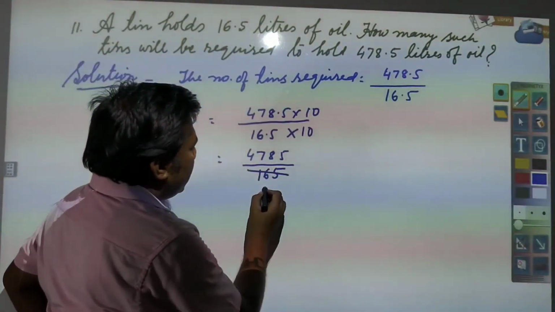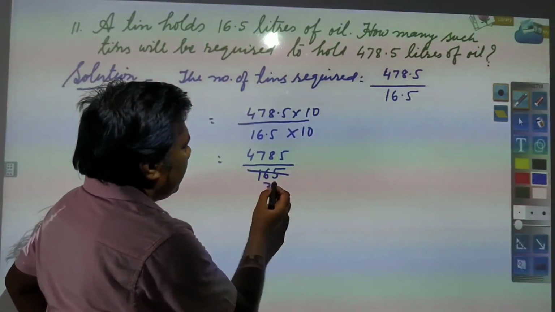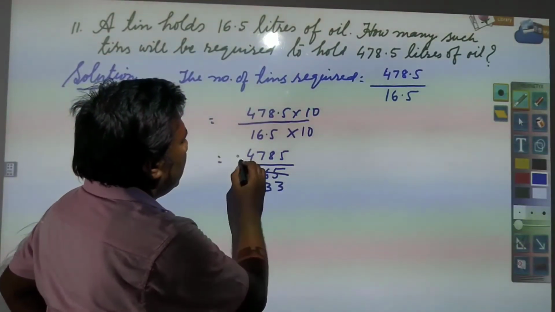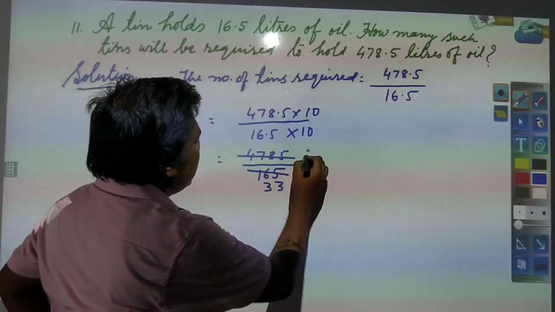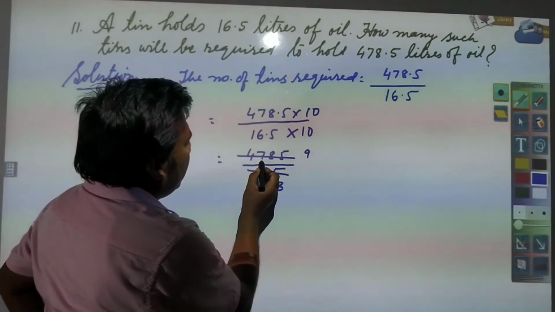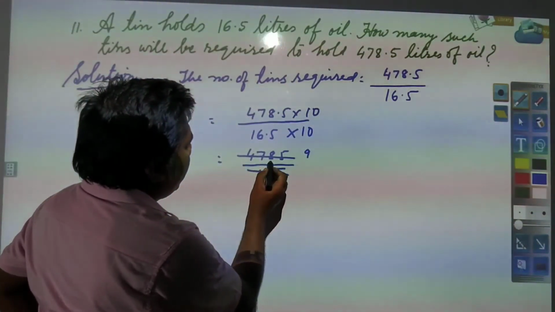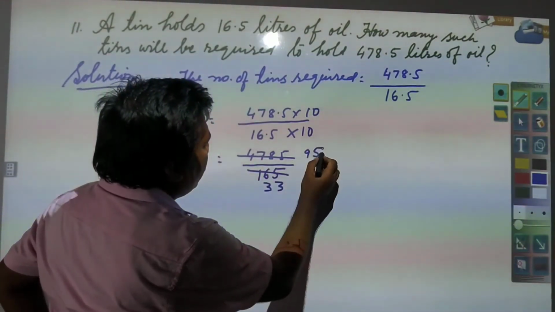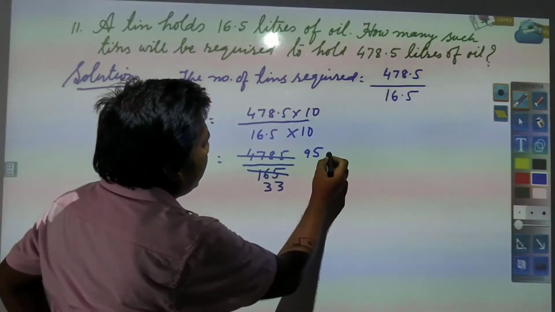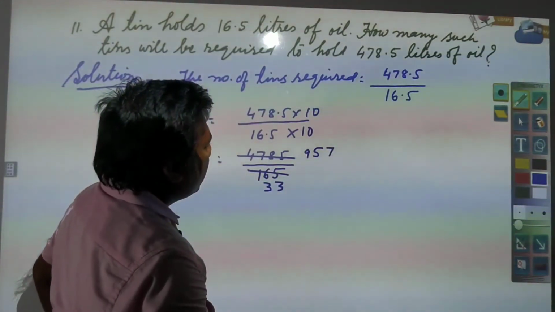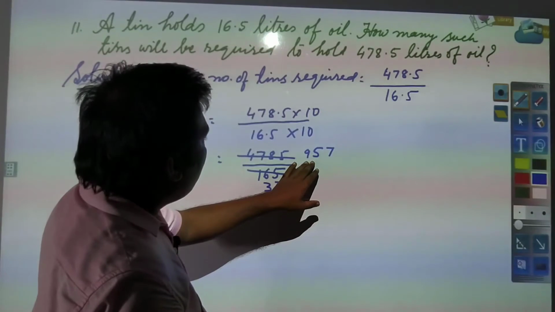So 5 3 ja 15, 5 3 ja 15, 5 9 ja 45, you have 2, so this became 28, 5 5 ja 25, 3 5 7 ja 35. Now you see it can be cancelled or not.